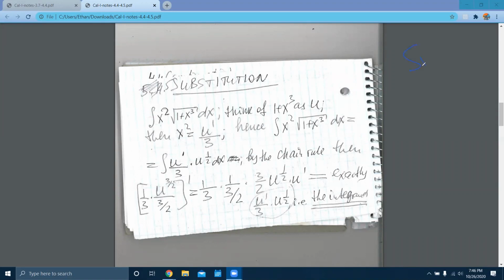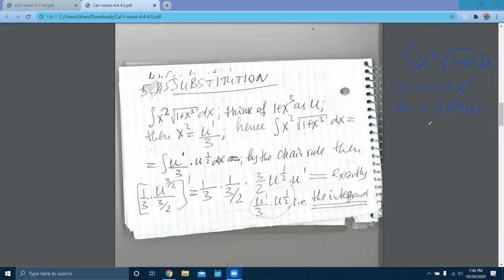We're going to say integral of x squared square root of 1 plus x cubed dx. How do you take the derivative of this? You can't. It's weird. So you use something called u-sub. You say, okay, I have a u that's going to be equal to 1 plus x cubed, and then you're going to take the derivative, du. And this is going to be equal to 3x squared dx.